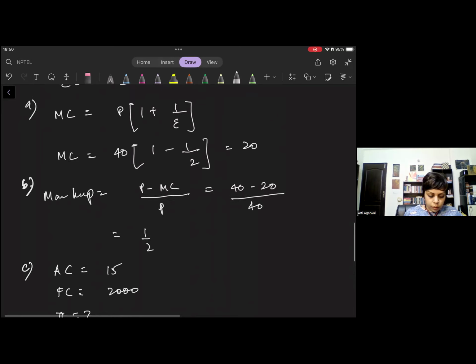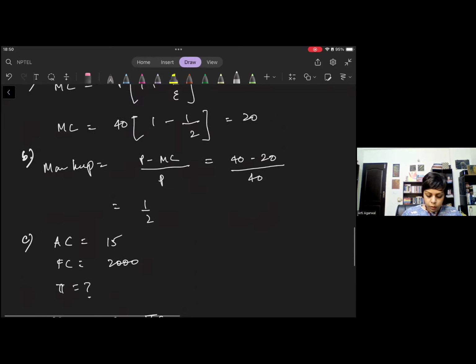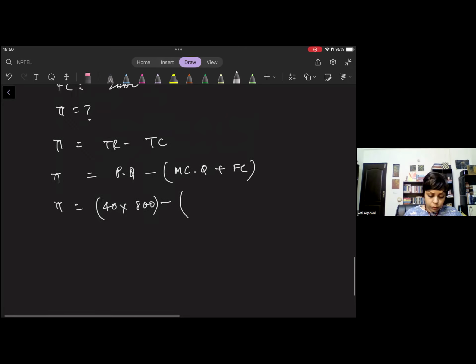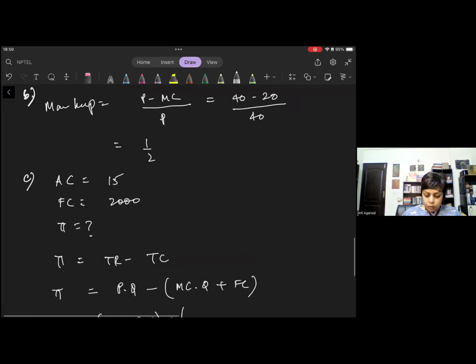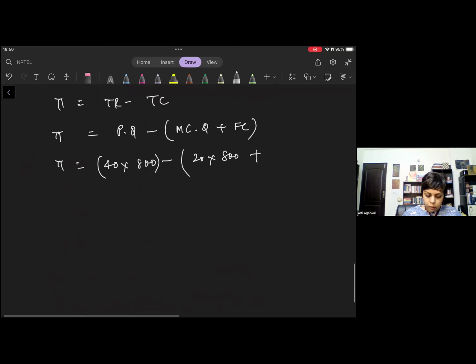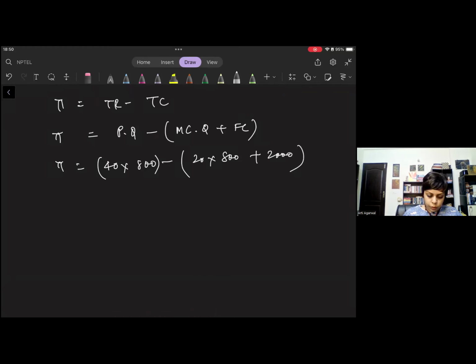Price is given as 40, this is 800. Marginal cost is 20, and this is 800. Fixed cost is 2,000. So this is 3,200, and this is 1,600 plus 2,000.